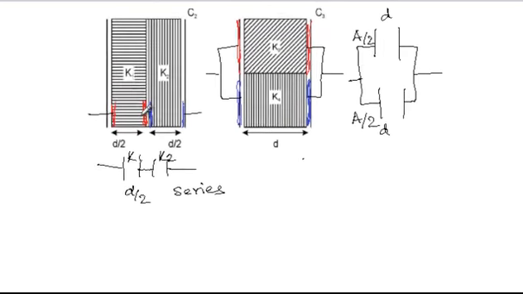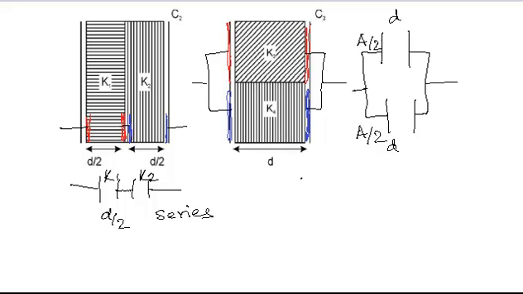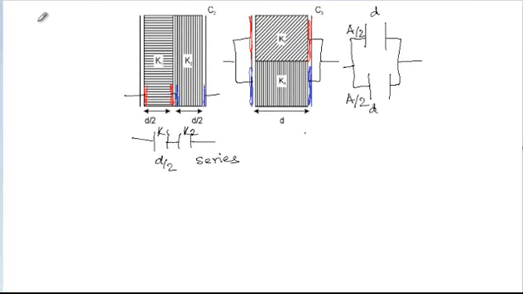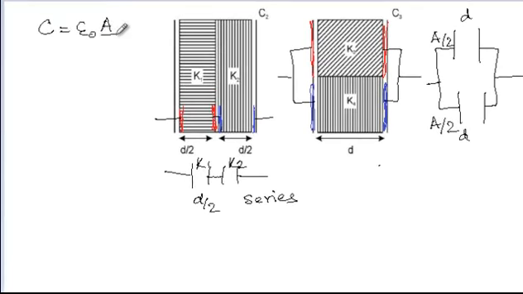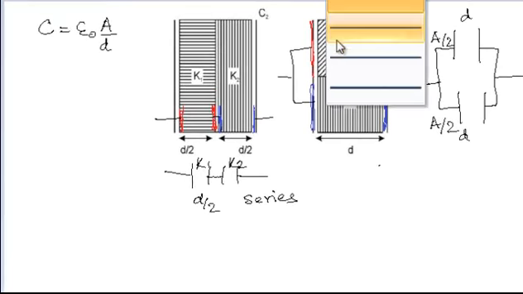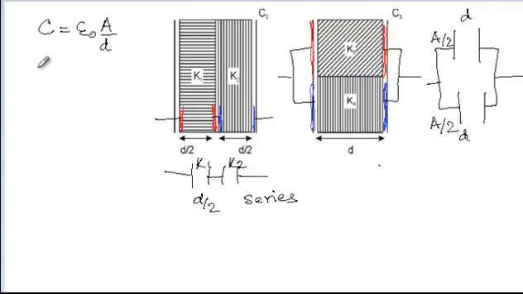Now before we look at this combination, let us also look at another concept: if you change the plate area and the distance between the plates, how does the capacitance change? See, the capacitance of a parallel plate is given by epsilon naught A over D. So if the distance between the plates is halved, then the new capacitance will be twice the old capacitance.